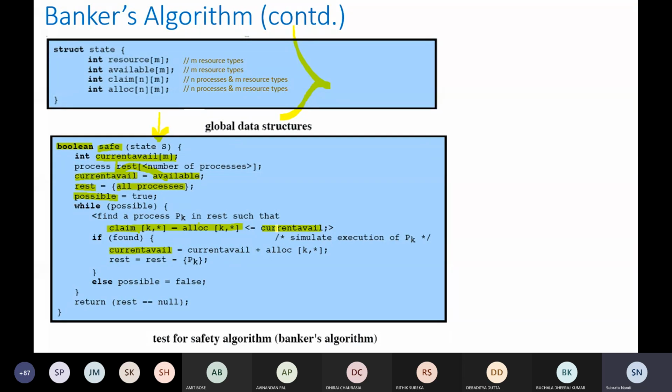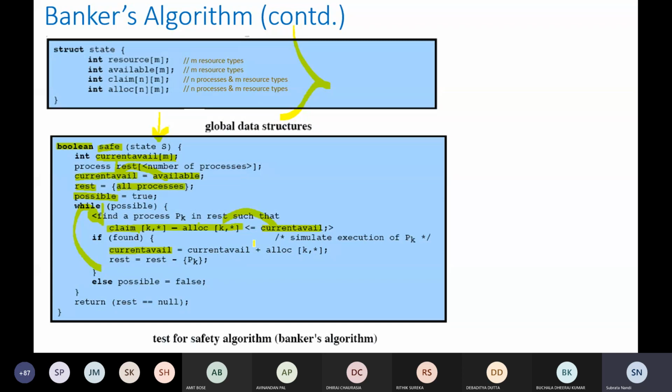So this alloc gets added to the current available that we just found. In that way current available increases, and from the rest set you remove pk, and you keep on doing this. In the next step, again you go back and check if there are some other processes which can be found.